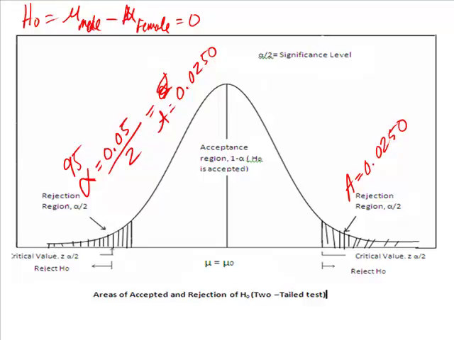That's known as a directional hypothesis. If you have a directional hypothesis, you can put all of the area in one of the tails. Right? So if your alternative hypothesis is that men are better at something than women, you could put all of that 0.05 over here. It's known as a one-tailed test or a directional hypothesis.